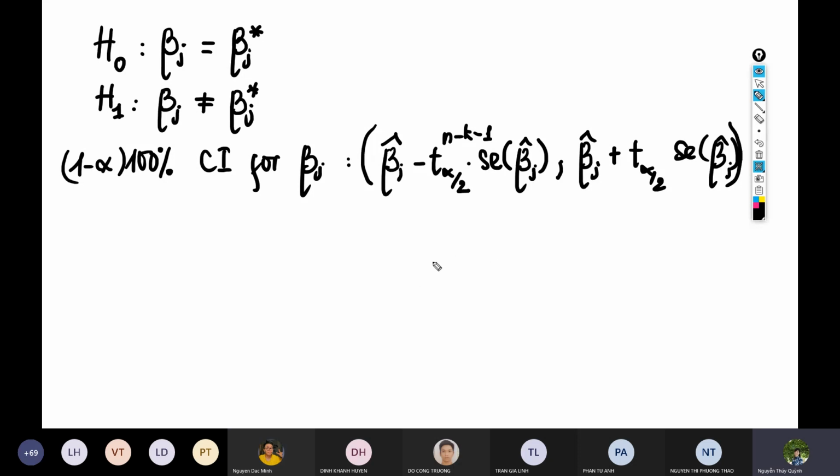So beta j falls into this interval. If beta j star falls into this interval, it means there is a chance that beta j is equal to beta j star.